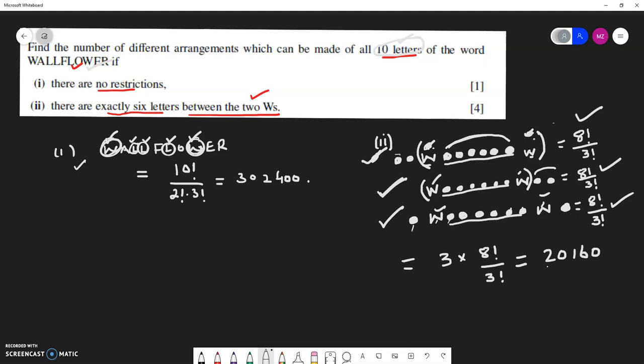So this is the total number of arrangements which can be made from the 10 letters with the restriction that exactly 6 letters lie between the two W's.